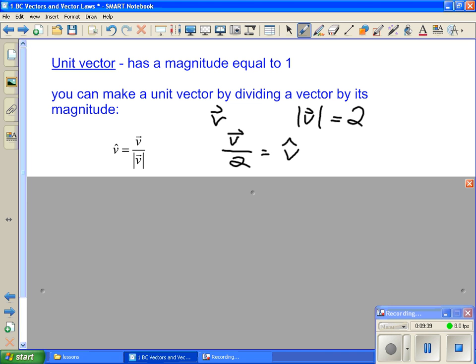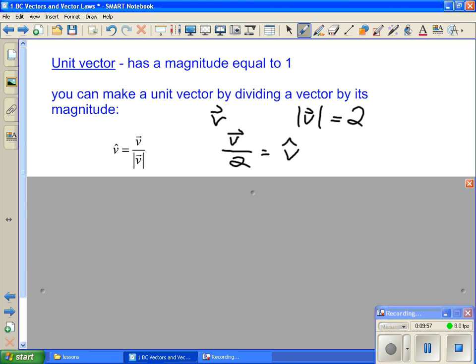We divided it in half, so it was originally 2, now it has a length of 1, so it's a unit vector. And we denote unit vectors by, instead of the regular arrow vector symbol, this little hat over top of them. So sometimes we say that this is a v hat.